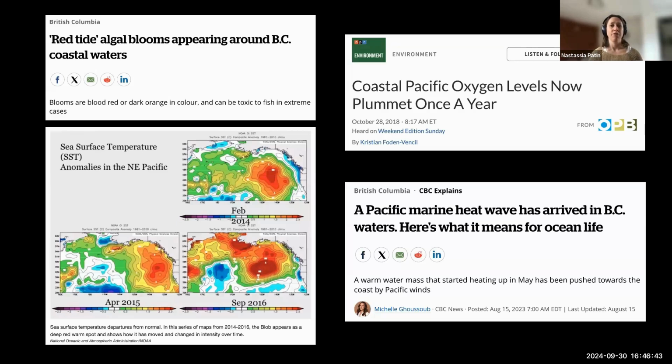This interconnectivity of the California Current and just the oceanography of the Northeast Pacific Ocean makes it a very natural and important effort for groups that are measuring in small areas along the coast to come together so that we can start to integrate these observations and understand things like marine heat waves, and how the effects that are being felt in British Columbia might translate to effects that we see in Southern California, whether that's red tides or hypoxia or things like this. And so that was a big motivation for expanding the geographic scope from SoCal OBON to West Coast OBON.